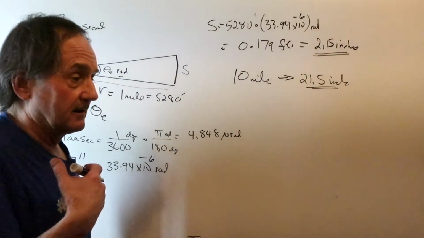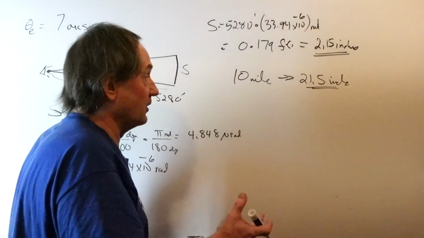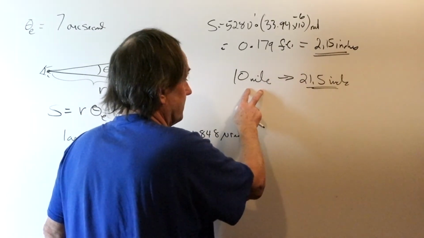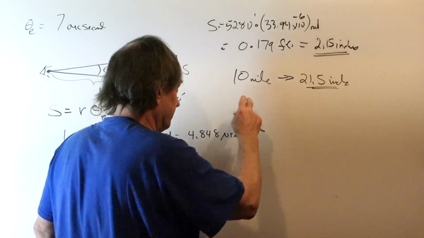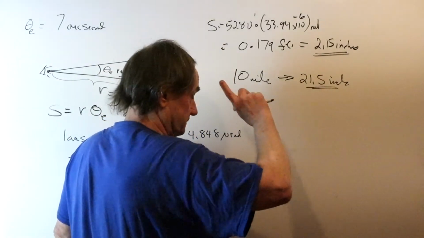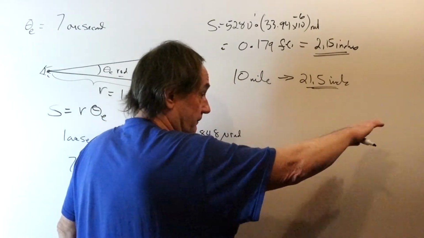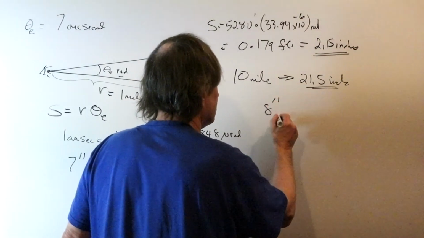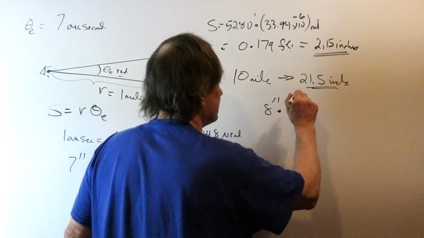If we are measuring curvature on a sphere at 10 miles, the curvature on a sphere is 8 inches per mile squared.